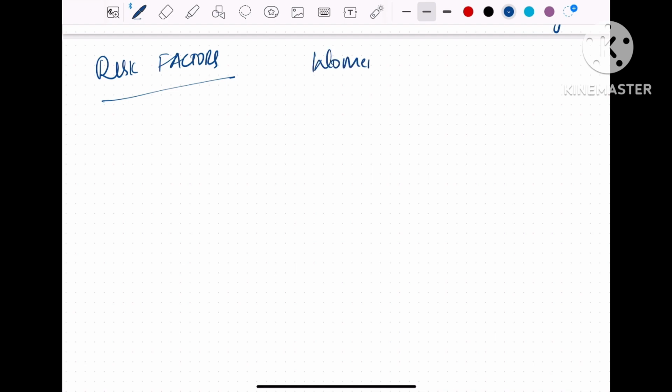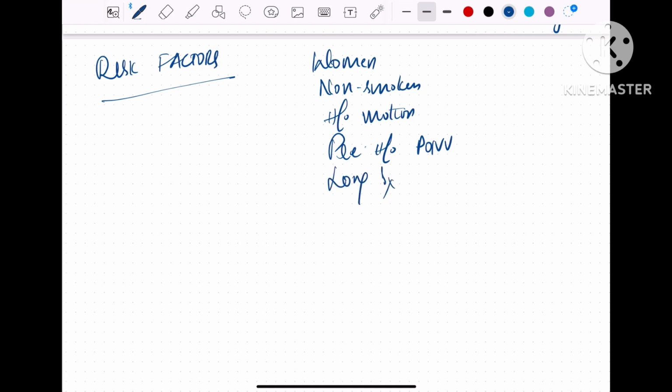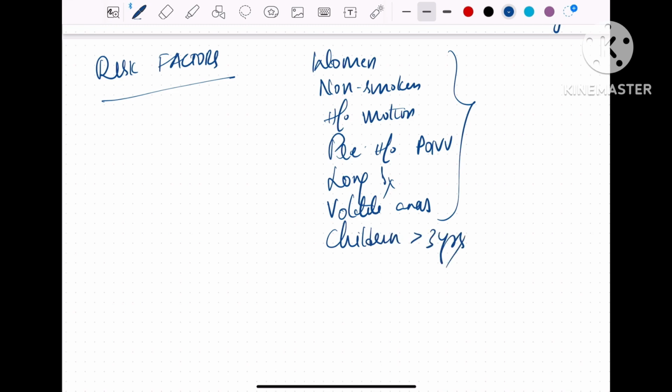First, women, non-smokers, any history of motion sickness, previous history of postoperative nausea and vomiting, long prolonged surgeries, use of volatile anesthetics, children more than 3 years of age, and ear surgeries. These are the most common risk factors for the development of postoperative nausea and vomiting.